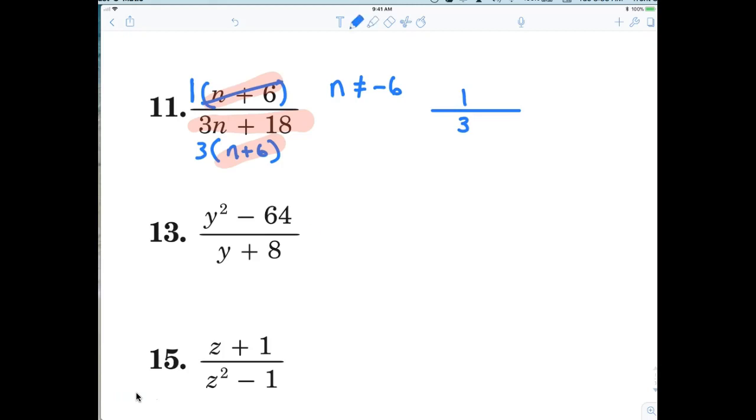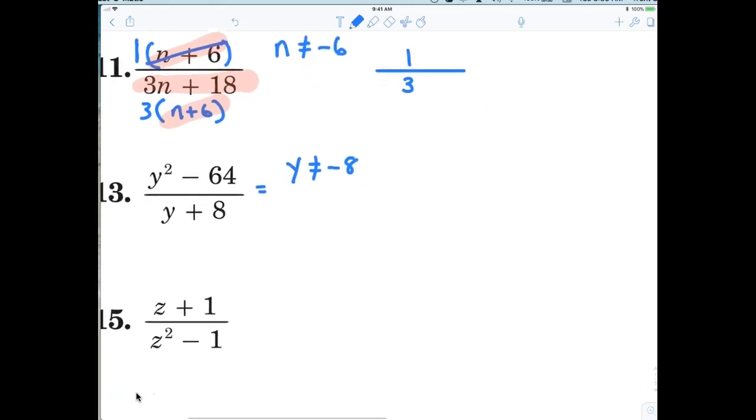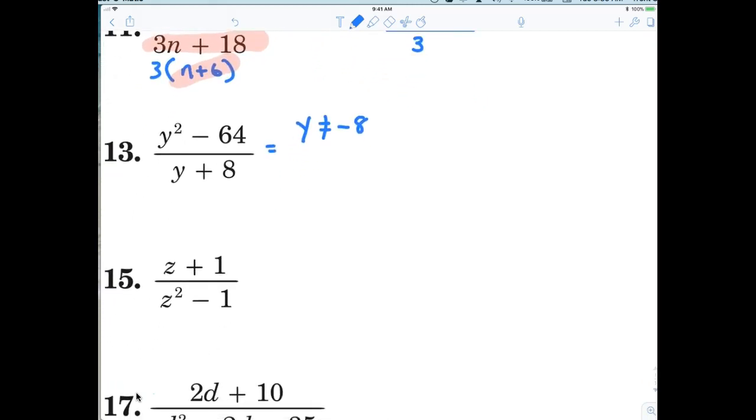Keep going. Now, the first thing is we say y cannot equal what, guys? -8. Y cannot equal -8. Now, what does y squared minus 64 cancel to? Or not cancel to, but factor to. No, listen, you're not allowed to cross out through addition and subtraction. Y plus 8, y minus 8 over y plus 8.